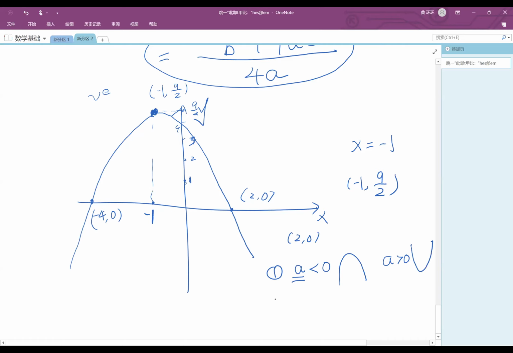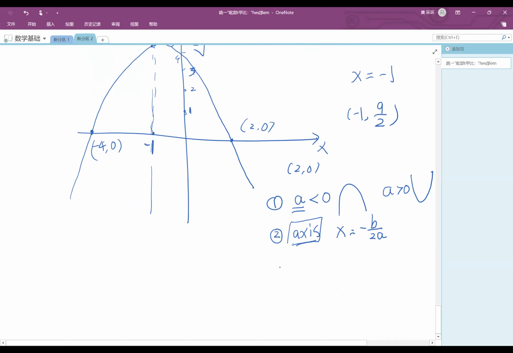This is the first property, and the second one is the axis of symmetry. The axis means x is equal to negative b over 2a, and this parabola is symmetric along this axis. And the third one is the vertex.